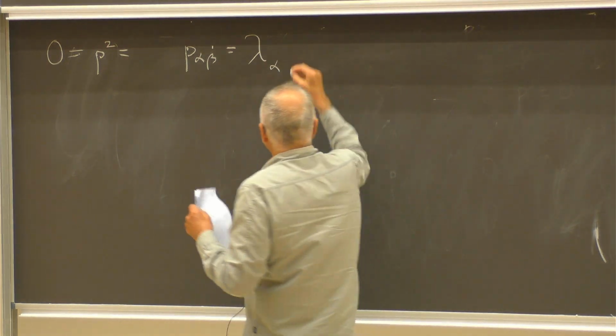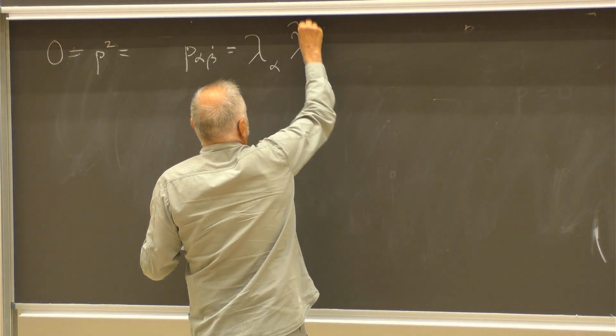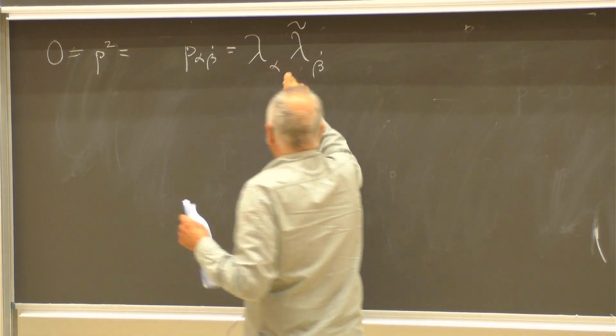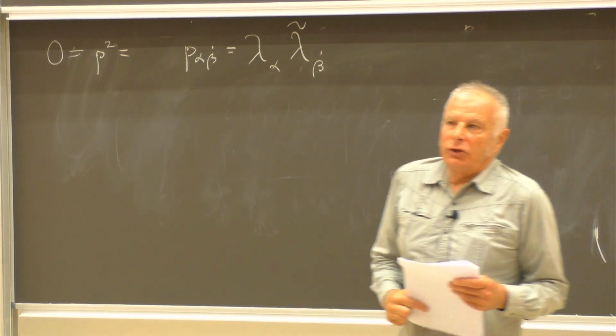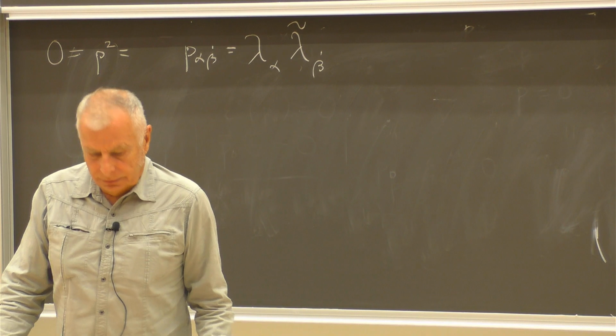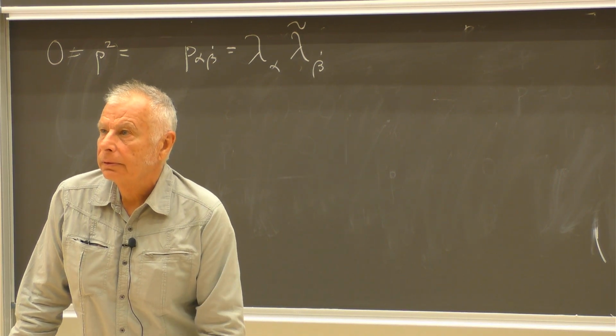So I can always write them in this way, where now lambda and lambda tilde are two independent complex spinors. Yes? All right?